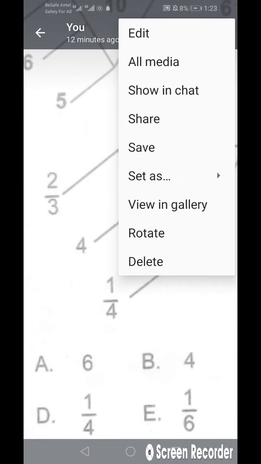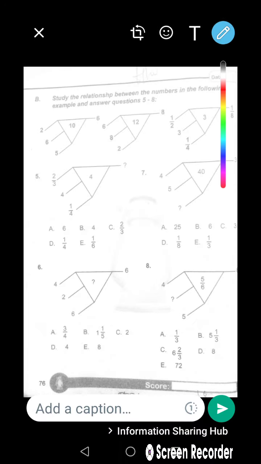That will give us 2 over 12, which is 1 over 6. So the answer here is 1 over 6. Okay, so the same applies for the others as well.